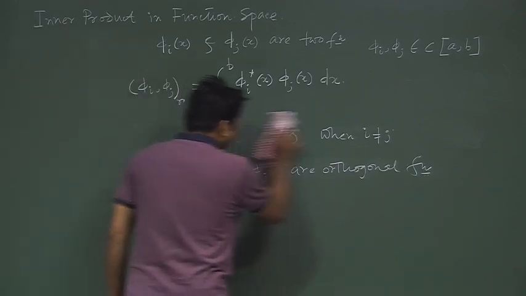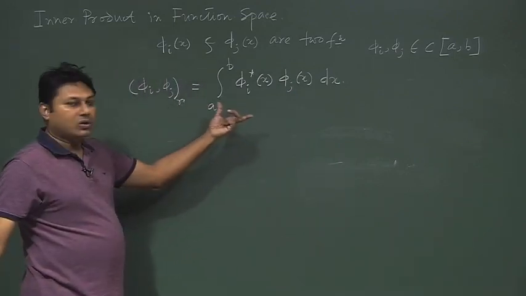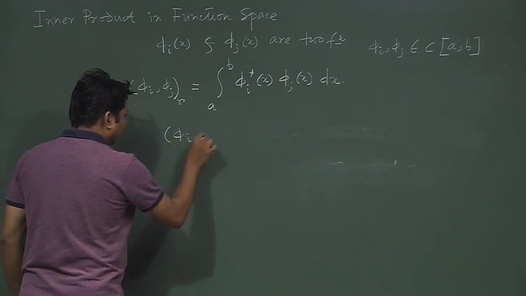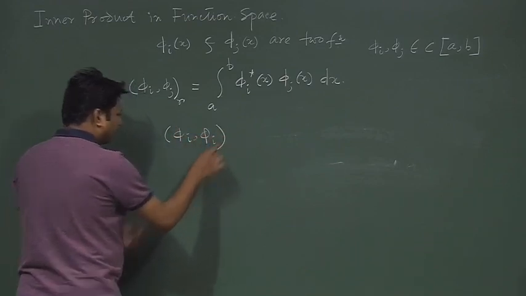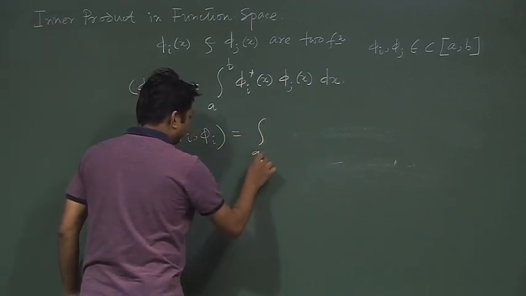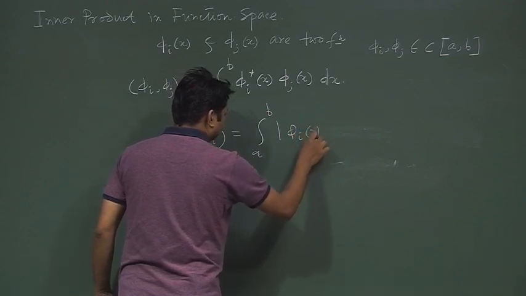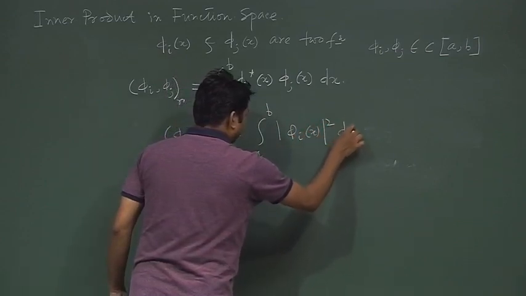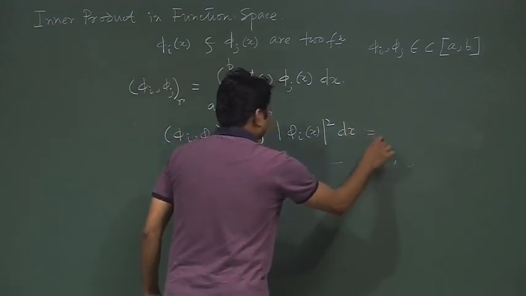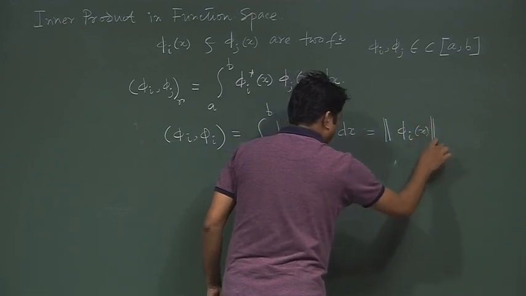Well, at this point I can say something more. This is the inner product of two different functions. I can do the same thing as with a vector and make the inner product of two same functions, phi i and phi i, no problem with that. Here we have this quantity in my hand, which is essentially the norm of the function.